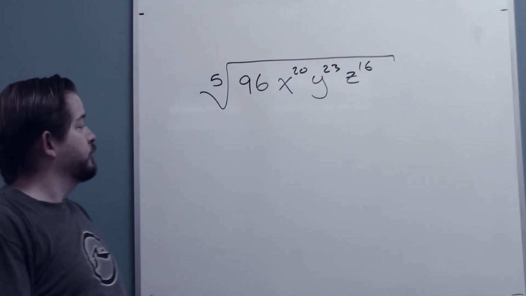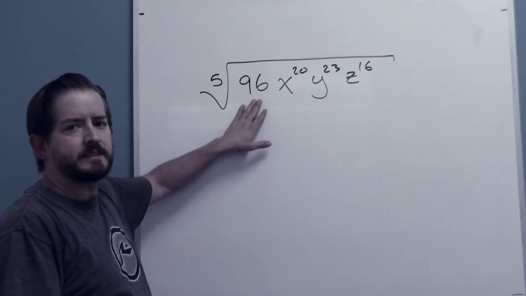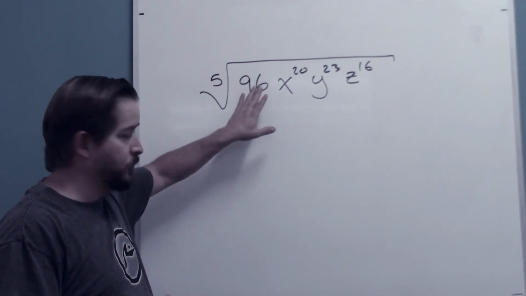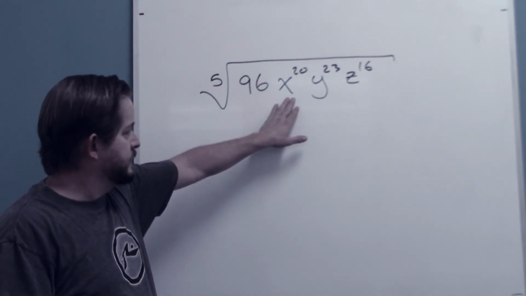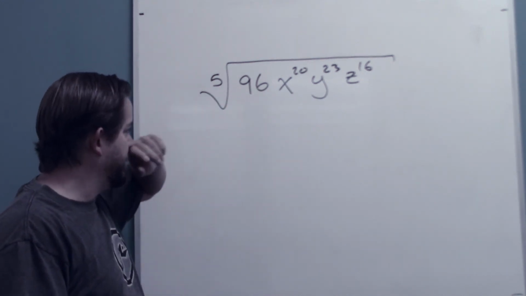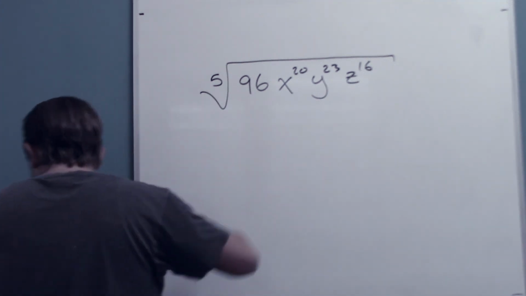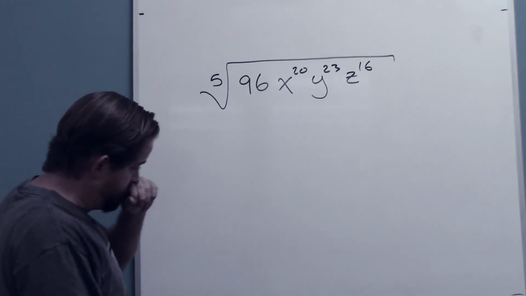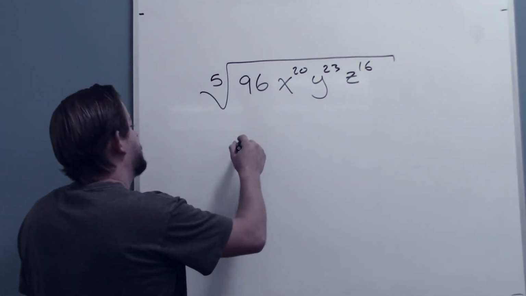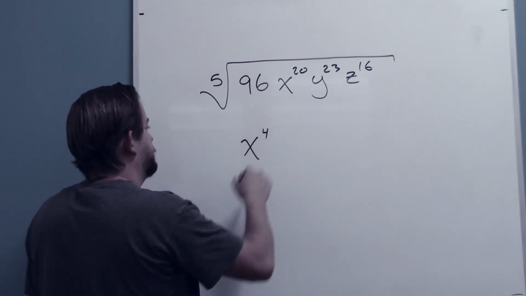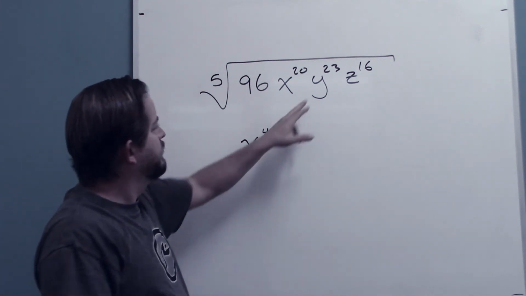Now again, I'm looking for groups of 5 to pull out. 96, that's kind of a difficult one. Actually, I'm going to do that last, because I can do x easily. X to the 20th is, excuse me, 4 groups of 5. And so I have x to the 4th that pulls out, and no x's left.